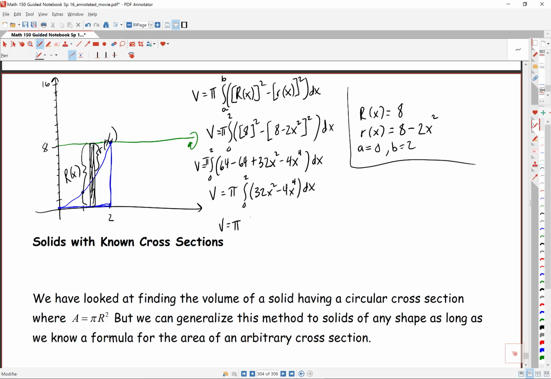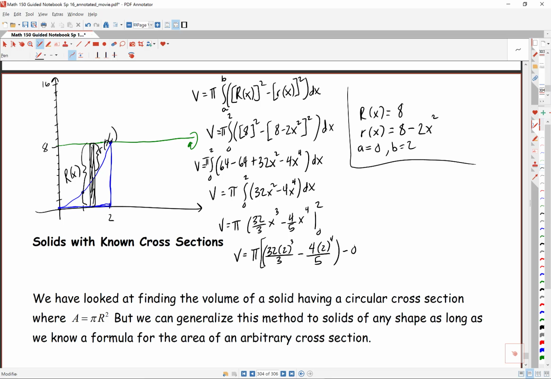So integrating, we will get 32 thirds x cubed minus 4/5 x to the fourth evaluated from 0 to 2. So our volume will be pi times 32 times 2 cubed over 3 minus 4 times 2 to the fourth over 5.